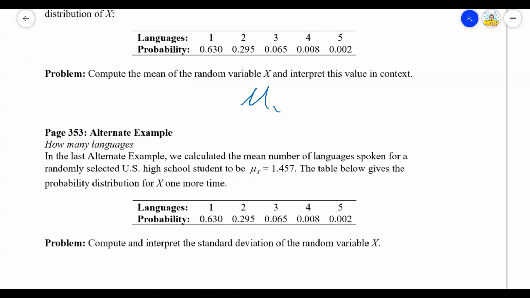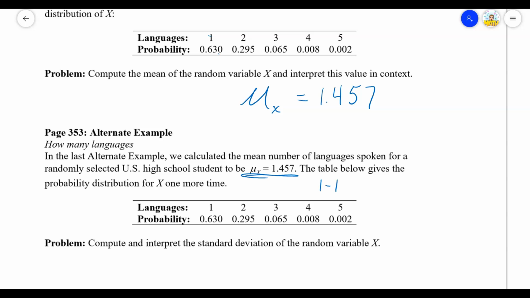And we call that mu x. Use the calculator for that. And again, remember what they're doing. They're just multiplying 1 times 0.63 plus 2 times 0.295, adding that up. Standard deviation, a little bit more complicated. We would have to take each observation.